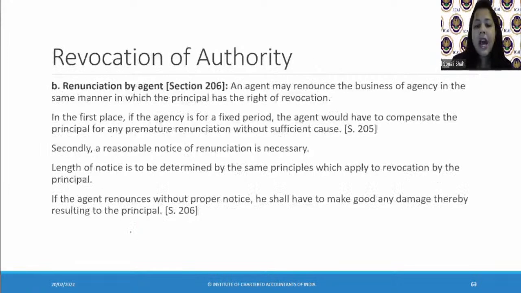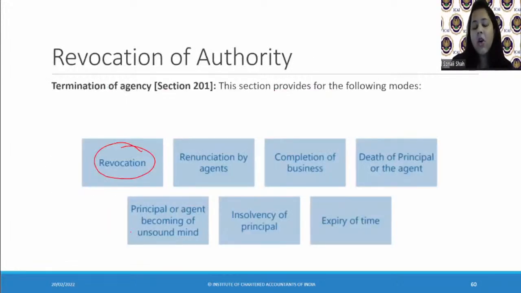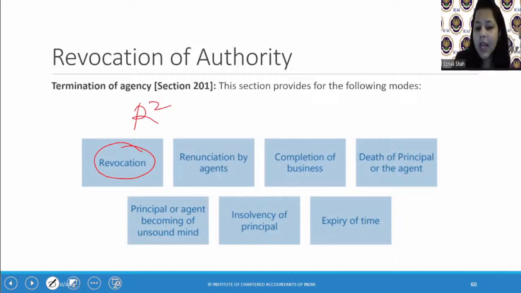So these are the various situations on how the agency could be terminated. One is revocation, then renunciation, third, completion of business, fourth, death or insanity of the principal or agent, unsound mind, insolvency of principal, and expiry of time. So revocation and renunciation becomes R square. C is completion of business. D is death.